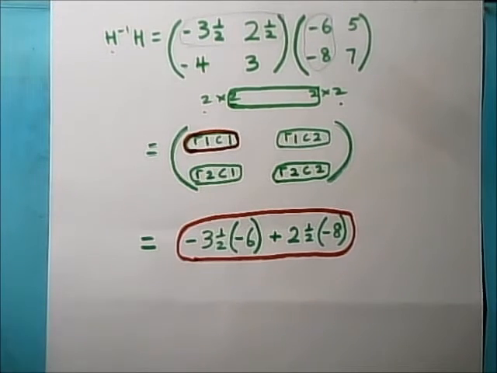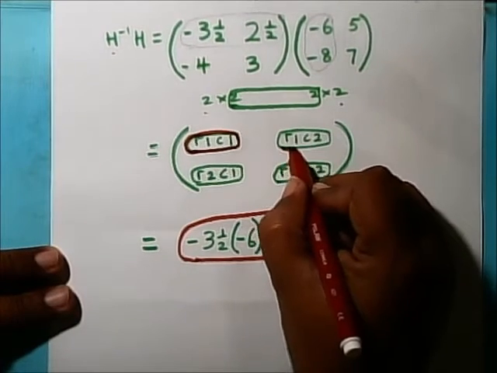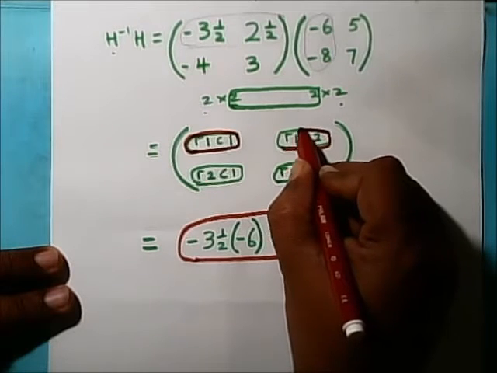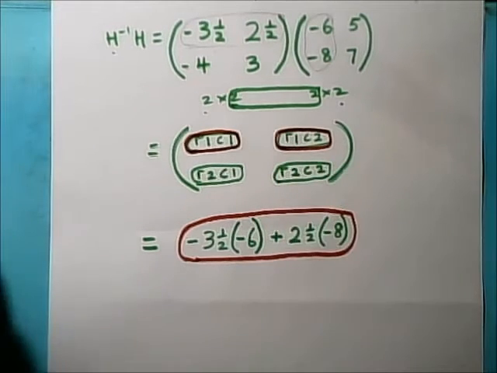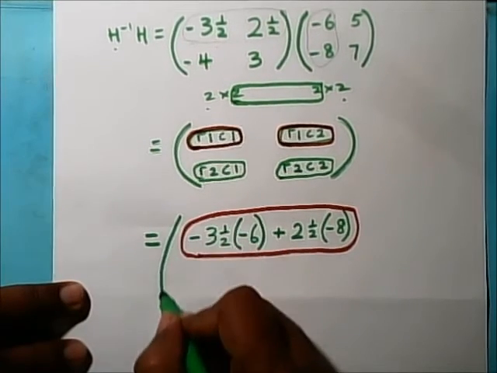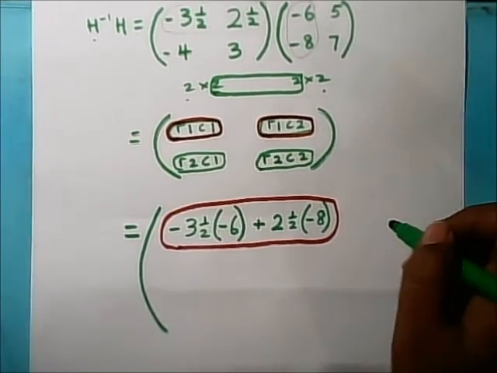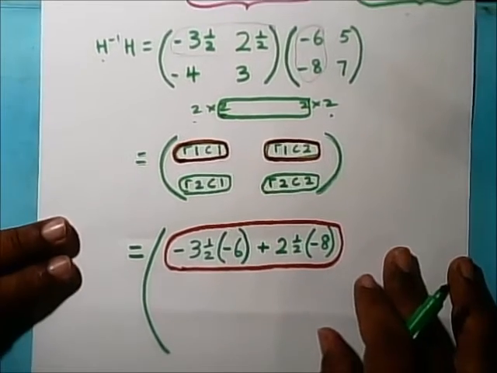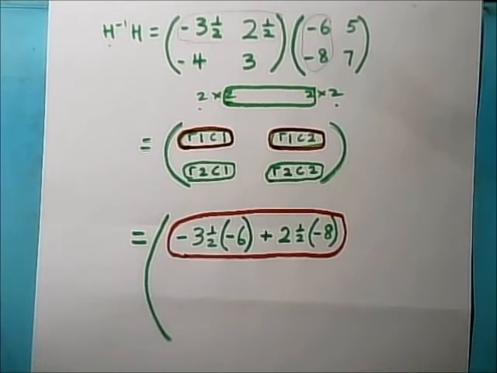Now we're going to work out this one. Row 1 by column 2.